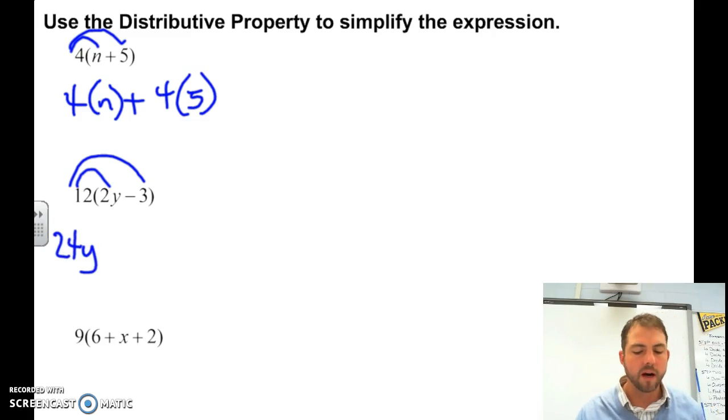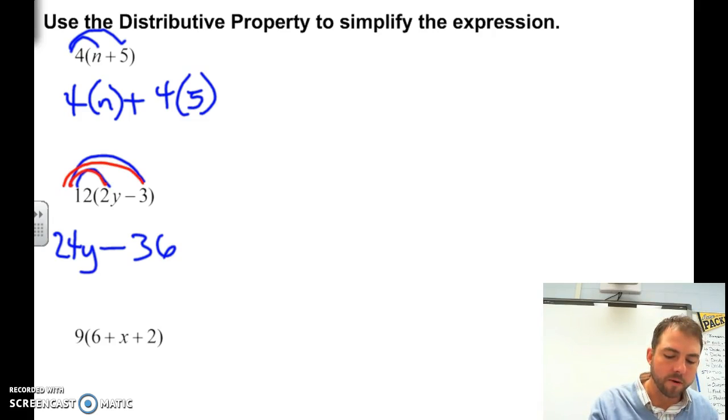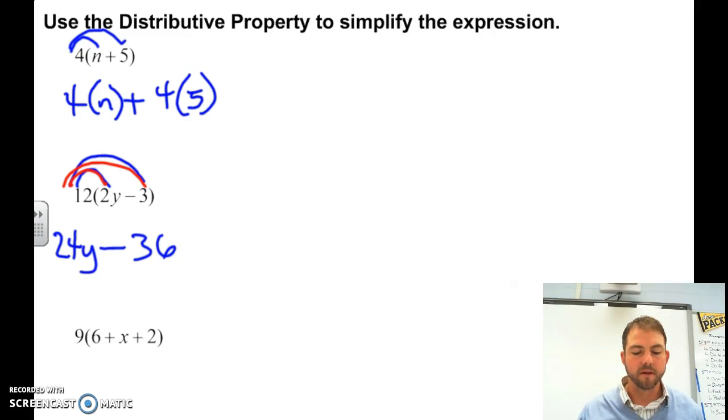The y doesn't change, so 24y minus 12 times 3 is 36. Now also this can be referred to as the rainbow method. Oftentimes the rainbow method can be a good way for you to remember because we're creating a rainbow every time that we deliver that. Okay?